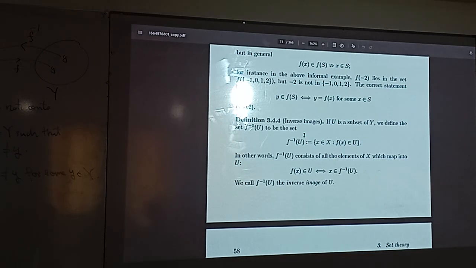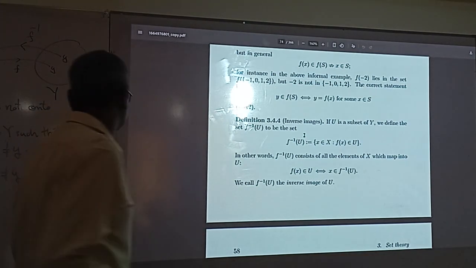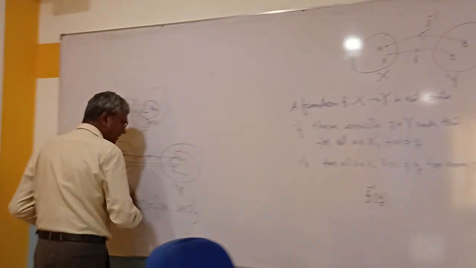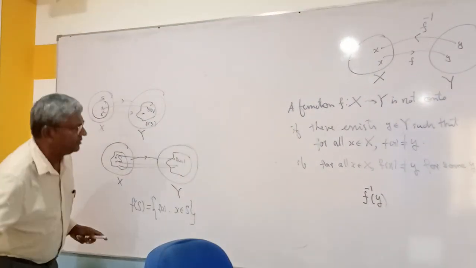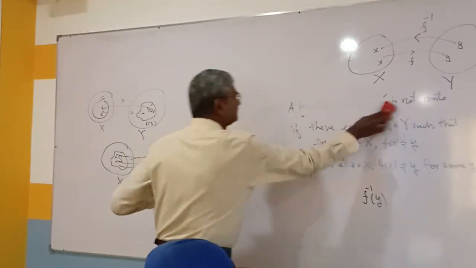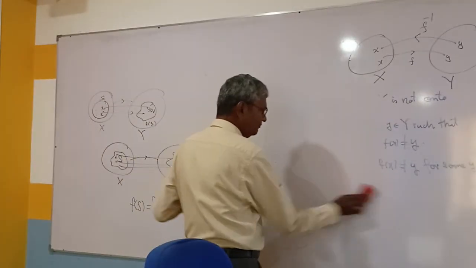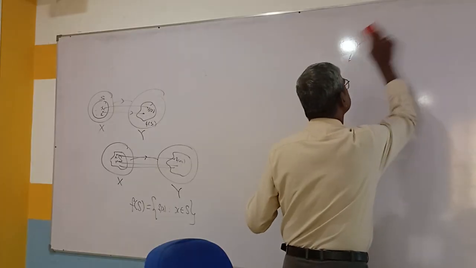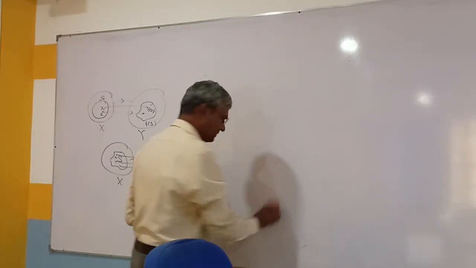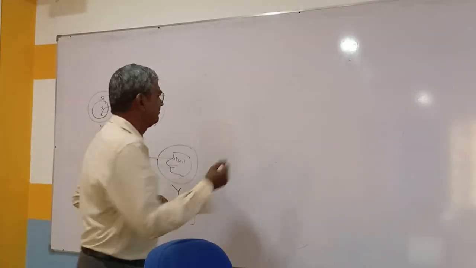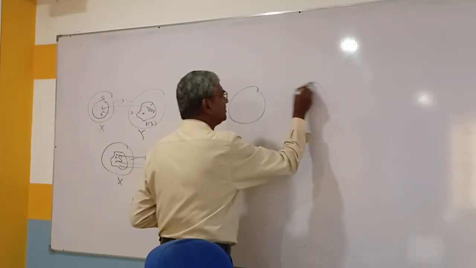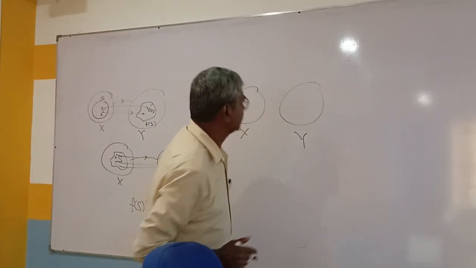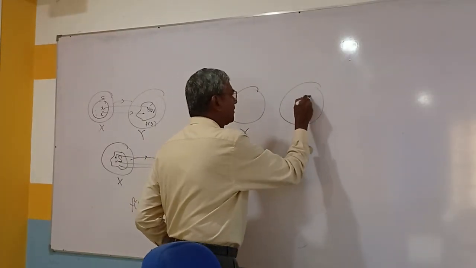Now he is going to f inverse. So far we had our S a subset of X. Now we are going the other way around. You have X here, you have Y here. What is the set? He took U from here.